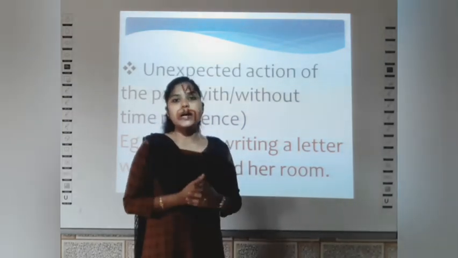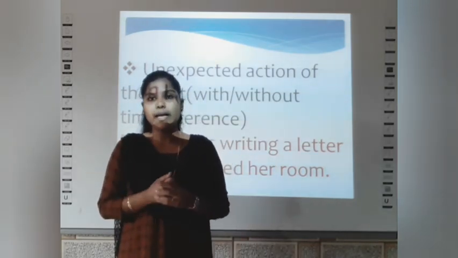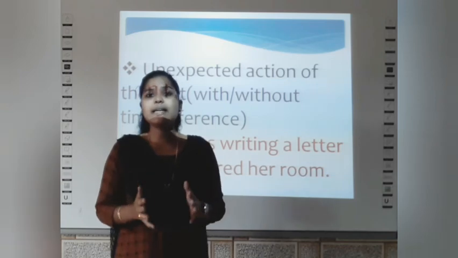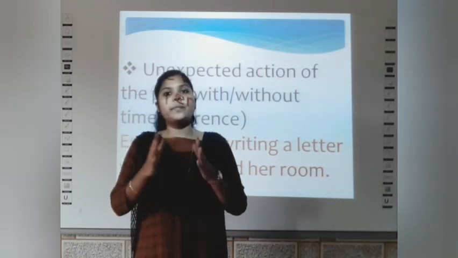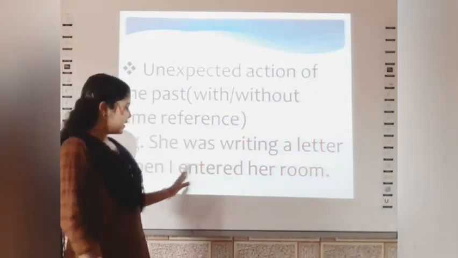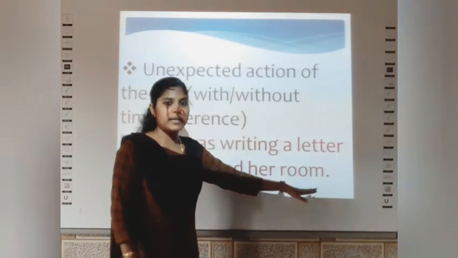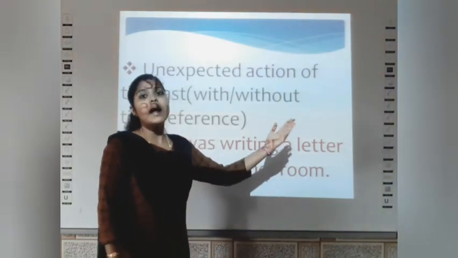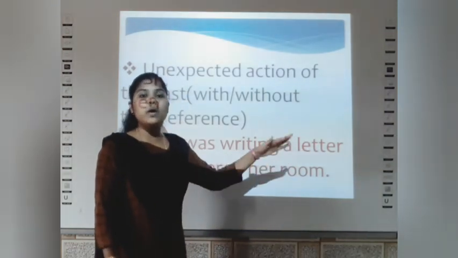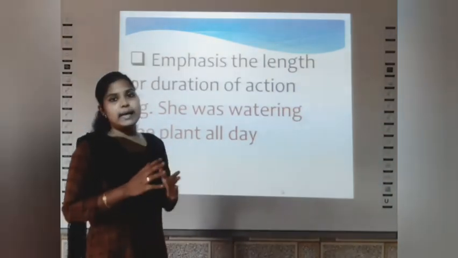When I entered the classroom, all my students were playing or shouting. Here, this is a past activity. So here we have two actions. This action, when I entered the room, is the past action. Along with that, another activity was going on there: she was writing a letter.